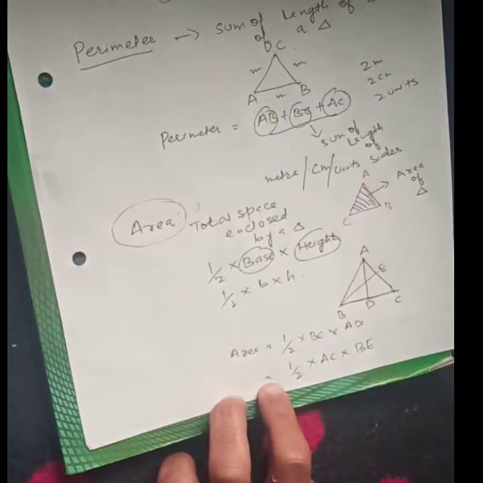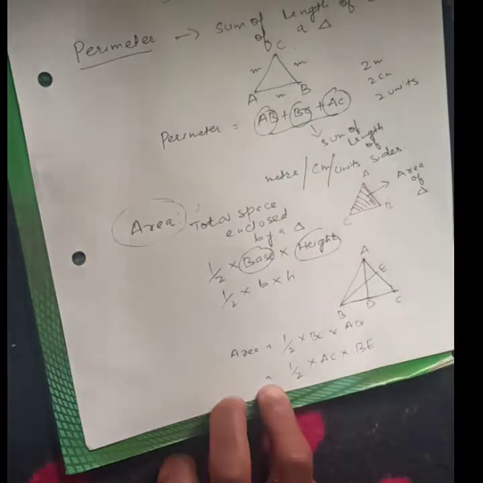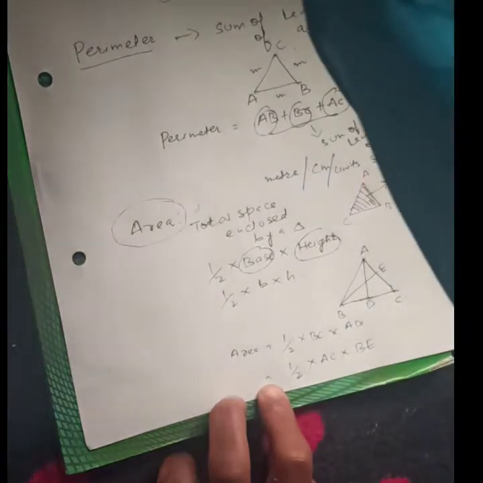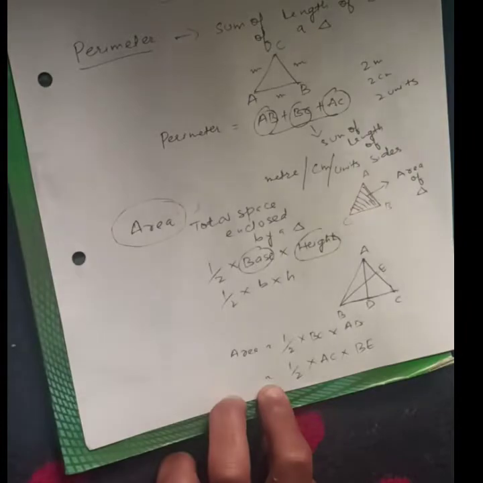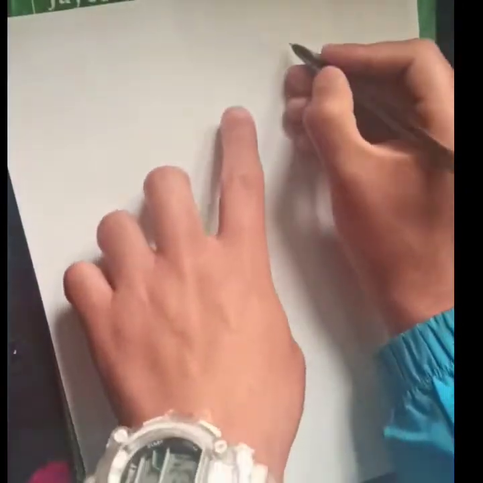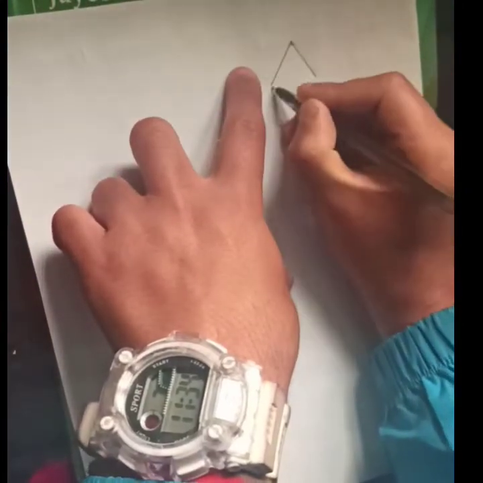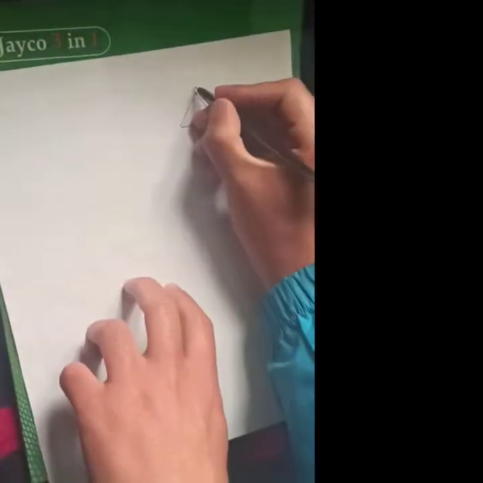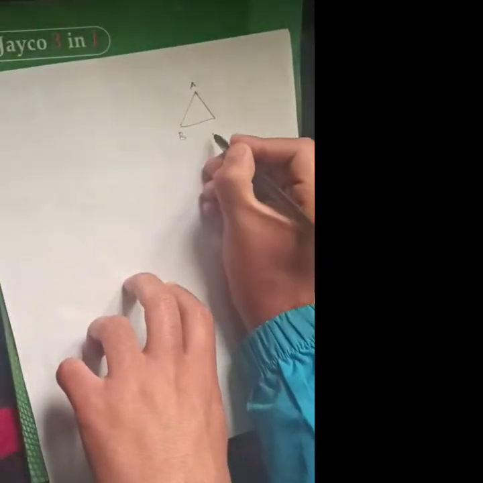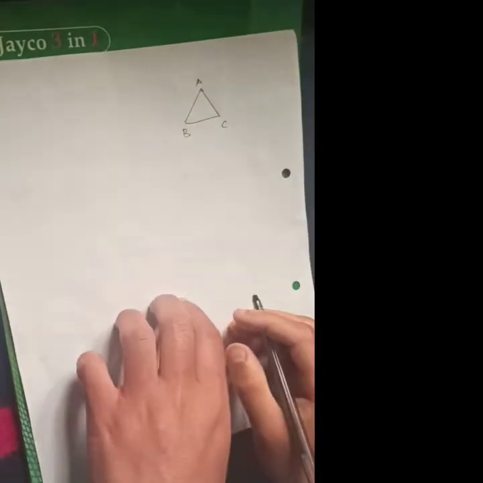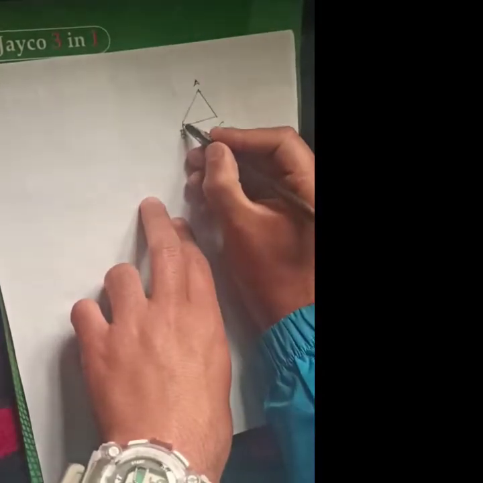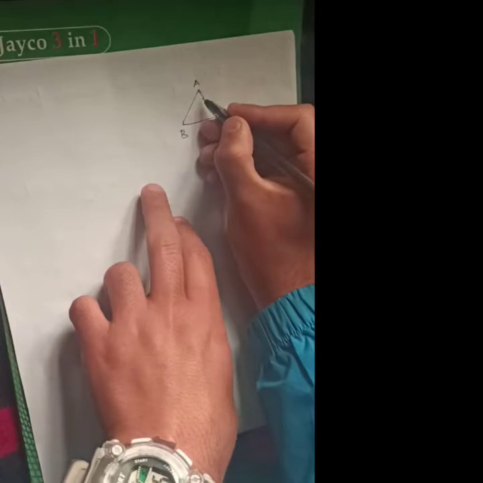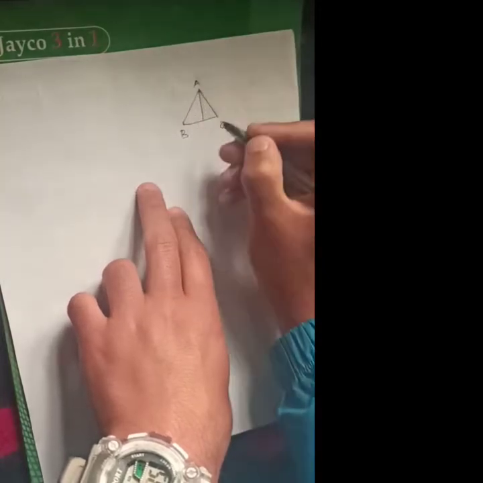Now the last side of the triangle, I will make a triangle. So A, B, C. Firstly हमने BC बेस माना, उसका हाइट क्या बन गया?